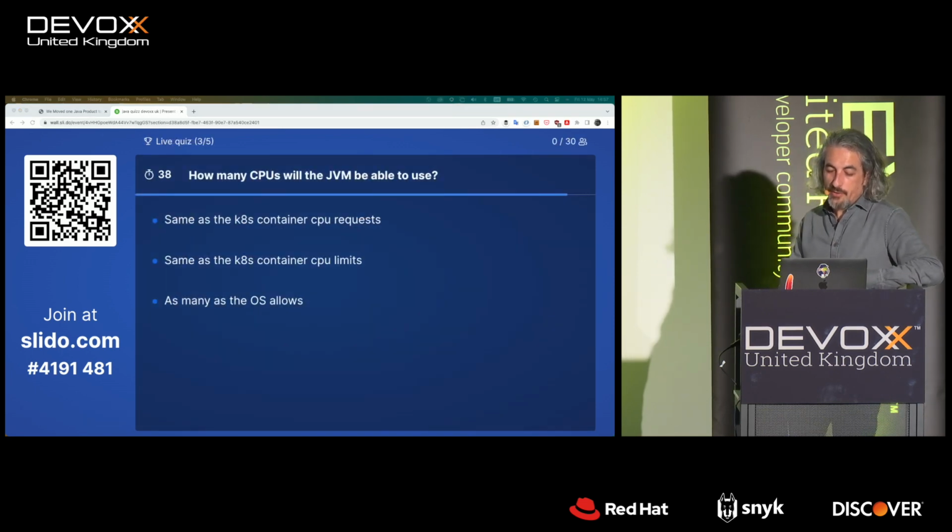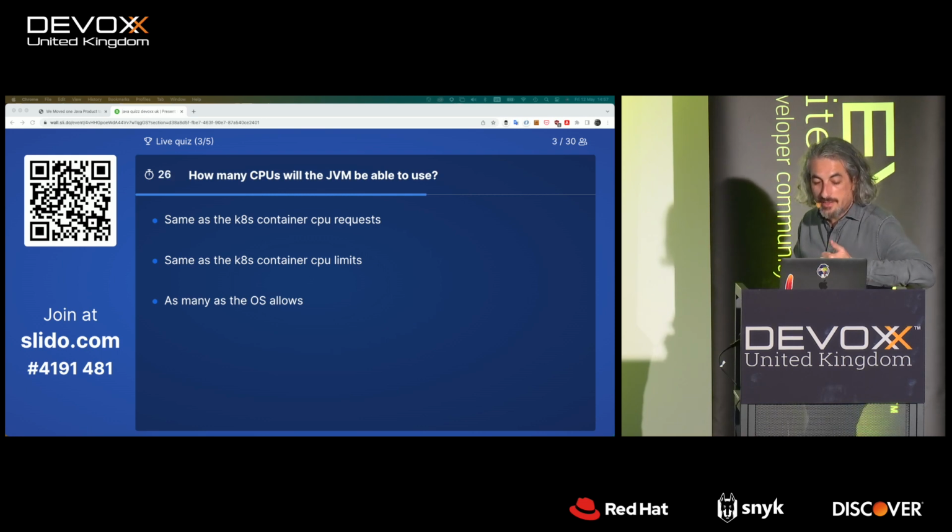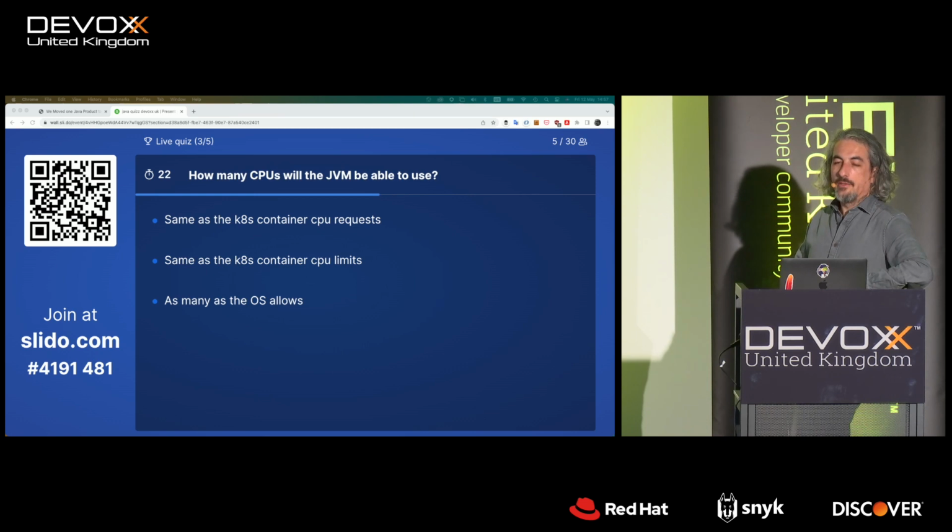How many CPUs will the JVM be able to use? So same as the Kubernetes container CPU request, same as the Kubernetes CPU limits, or as many as the OS allows.